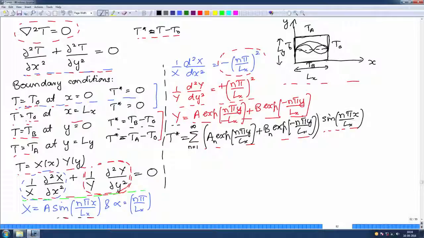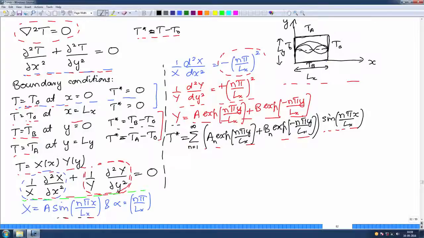Welcome to this, our continuing series of lectures on fundamentals of transport processes, where we were trying to solve the diffusion equation in the limit of low Peclet number, where the convection of mass or energy is much smaller than the diffusion.